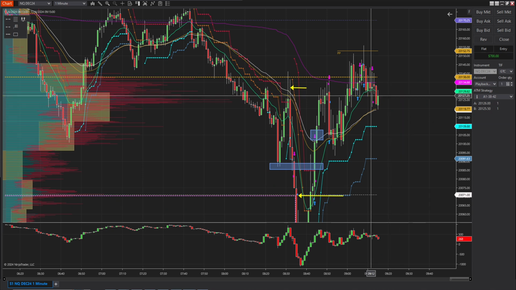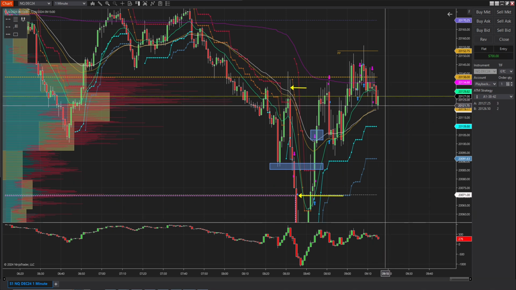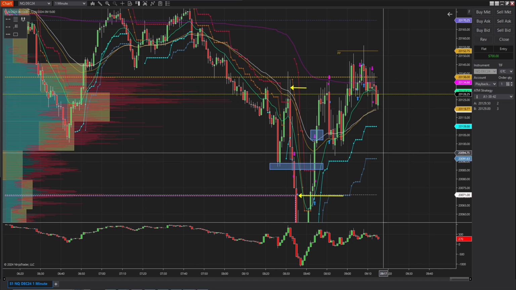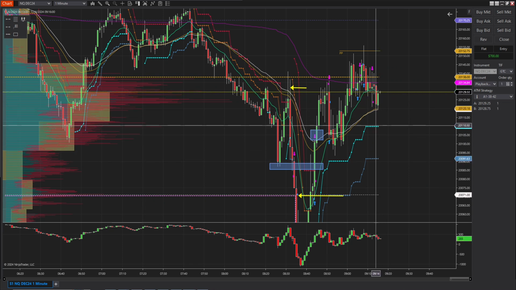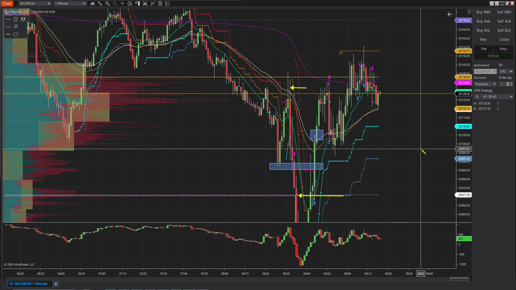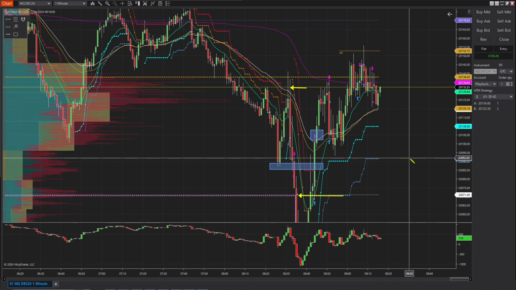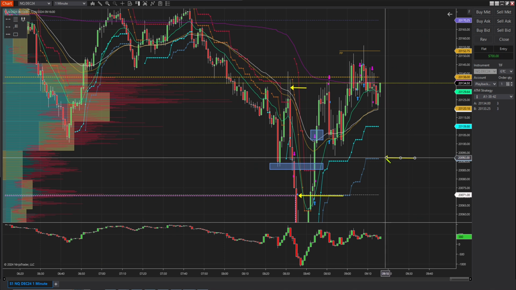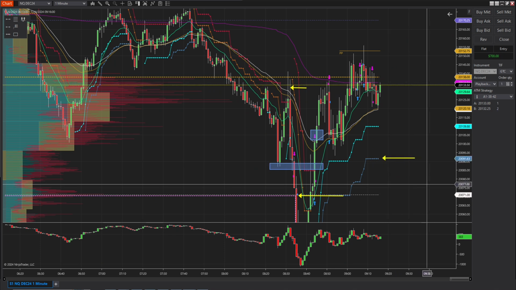The other possibility is if it's going to come down, I want it to break through this super trend support and ideally this support.